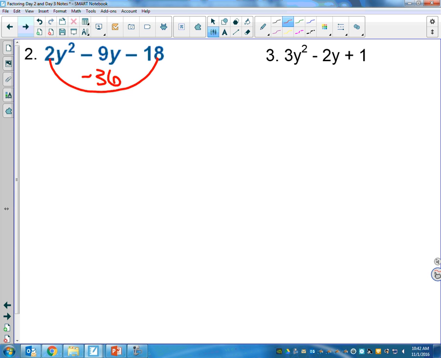Now think of 2 numbers that multiply to give you negative 36 that are going to subtract to give me negative 9. See if you can come up with them and rewrite that. And then we'll go from there.